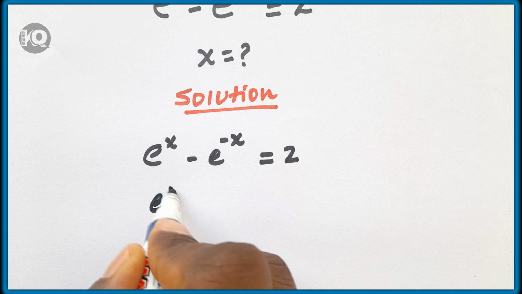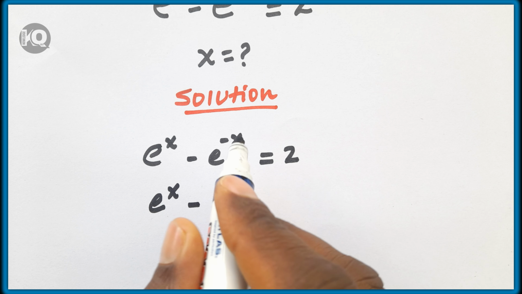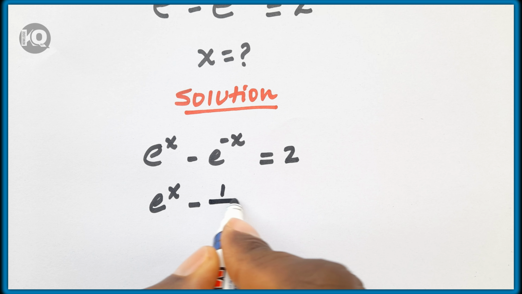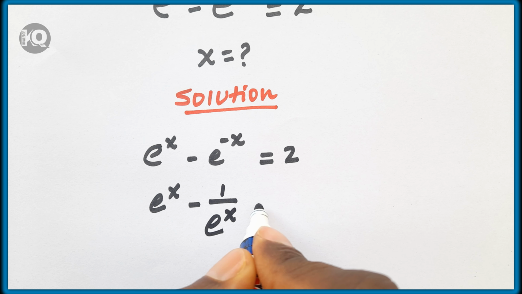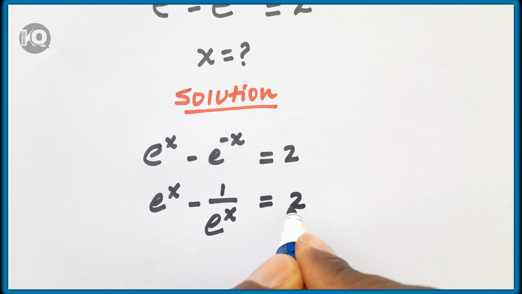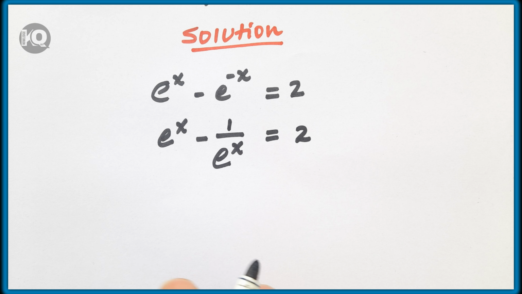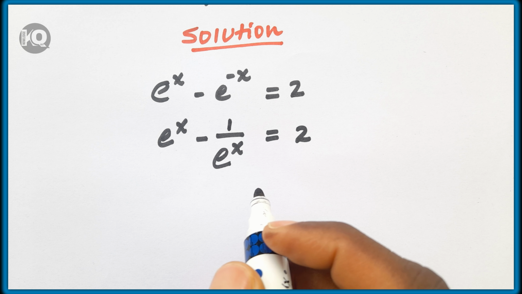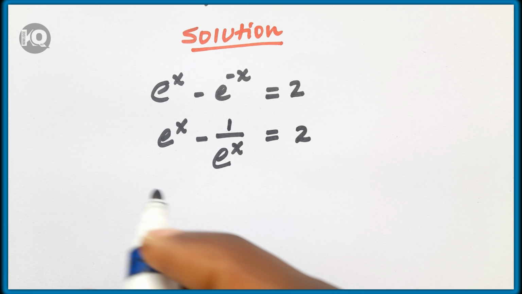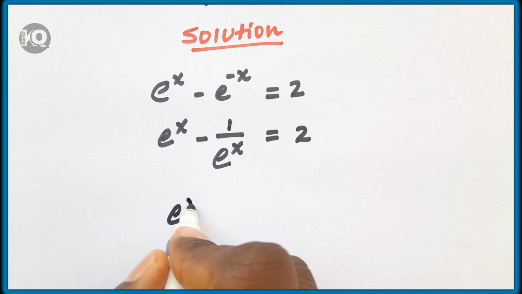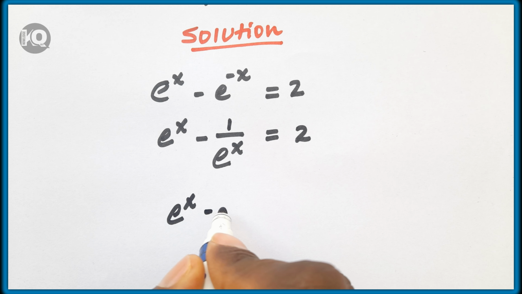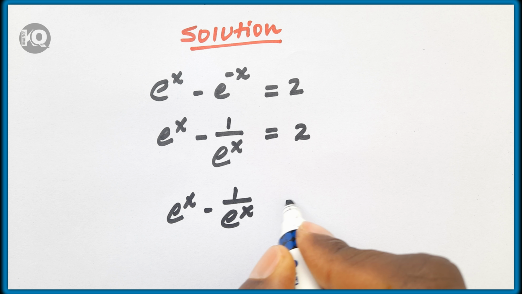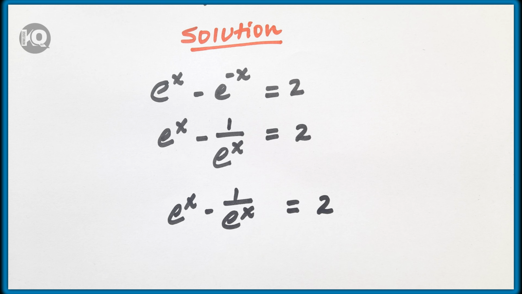As you have seen, the exponent is negative, so it will be 1 over e to the power of x. So e to the power of x minus 1 over e to the power of x is equal to 2.